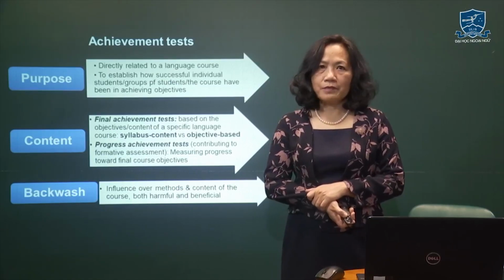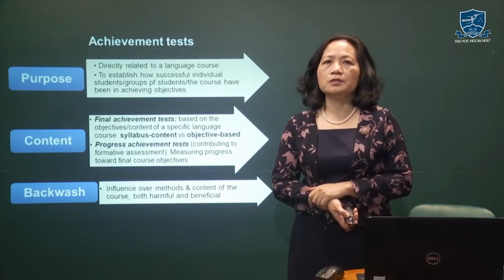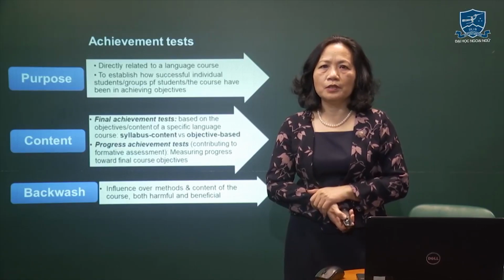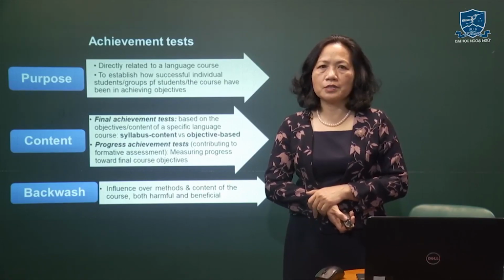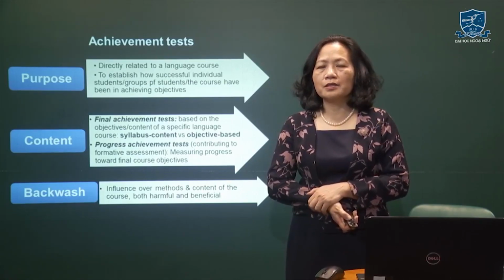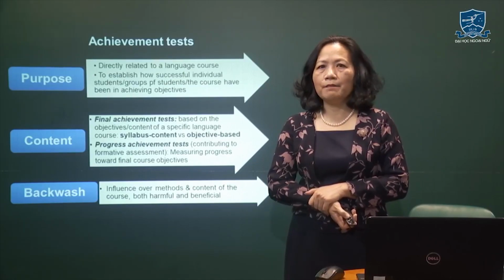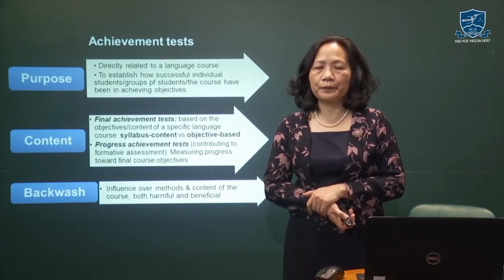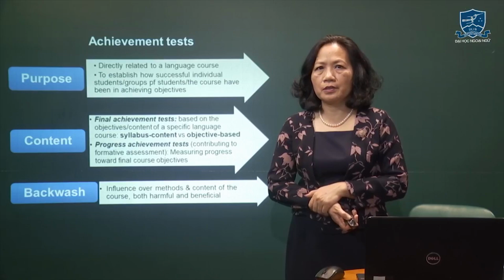But sometimes there are inaccuracies in the information about the students' ability, because there may be some errors in the syllabus itself. Maybe the content selected to teach in the course is not appropriate, or maybe some teaching materials are not appropriate.